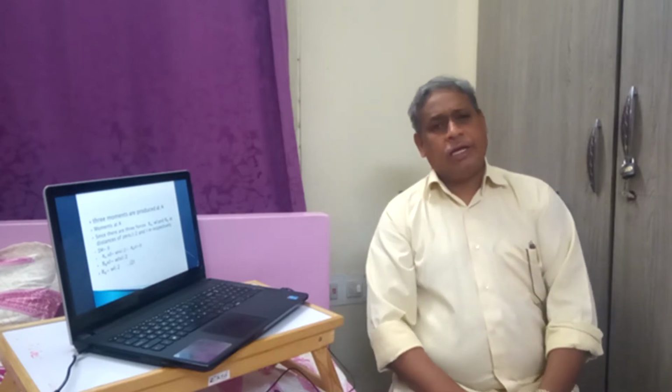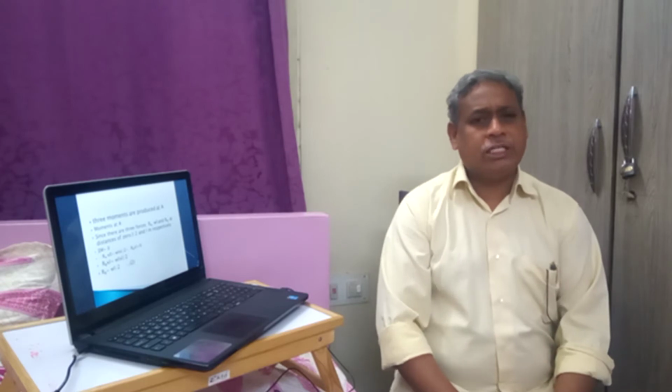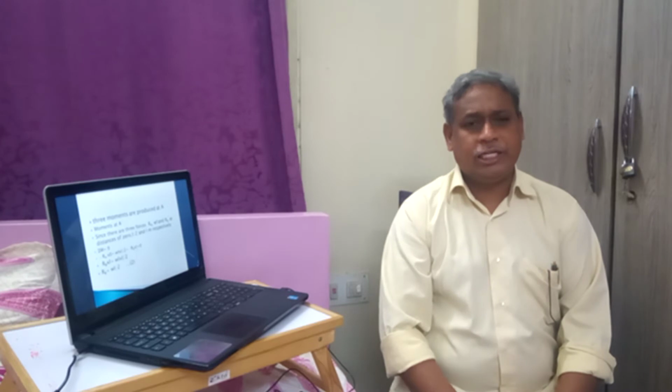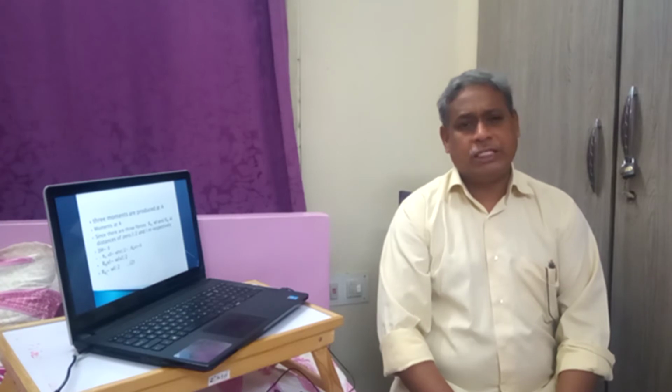Since at Ra, the distance between the reaction Ra and the point A is 0, we have minus Ra into 0 plus WL acting at its center L by 2 minus Rb into L. That is, Rb is acting at a distance of L. That is why Rb into L is equal to WL into L by 2. So L gets cancelled and Rb is equal to WL by 2. Reaction at B is equal to WL by 2.